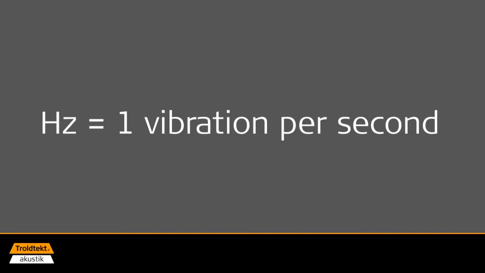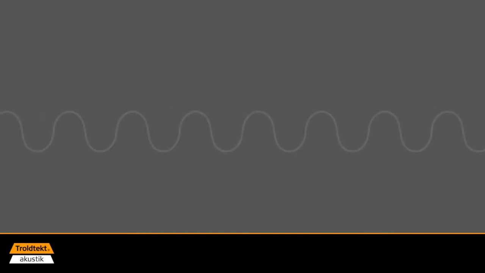The number of sound waves per second determine the frequency of a sound. Frequency is measured in hertz, and 1 hertz equals 1 vibration per second. Low-frequency bass sounds have long, soft sound waves with few vibrations per second, whilst a treble sound has many vibrations per second.